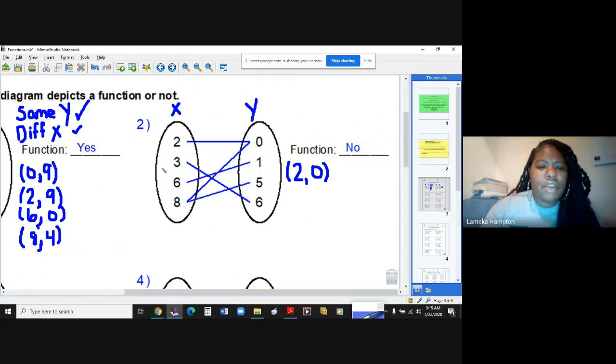I have 2, 0, and I have 3, 6. So I'll just go in the order. I have 6, 1.